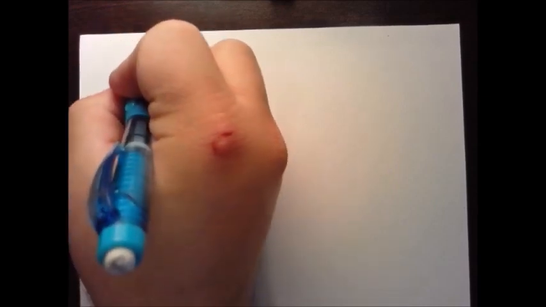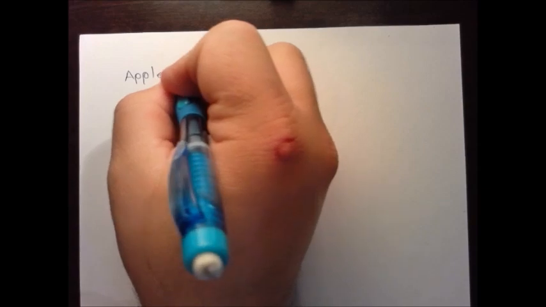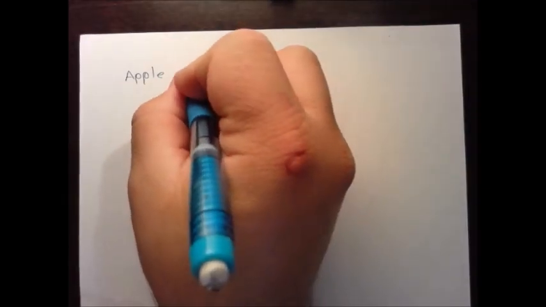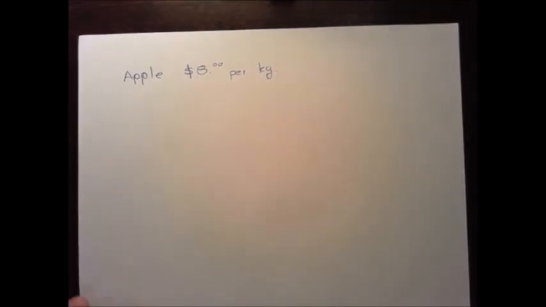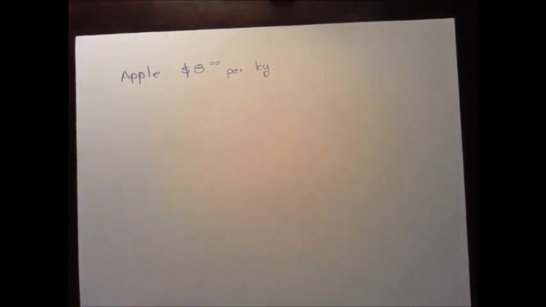Okay, let's suppose that we are going to go to a supermarket. In the supermarket you are going to see that the apples are, for example, I don't know, 8 pesos per kilogram. Okay, well, look at this. My question is, if you want to buy 1 kilogram of apples, how much are you going to pay for it?